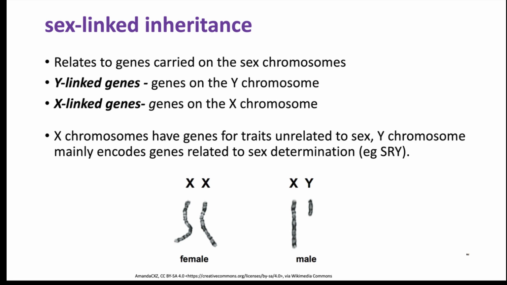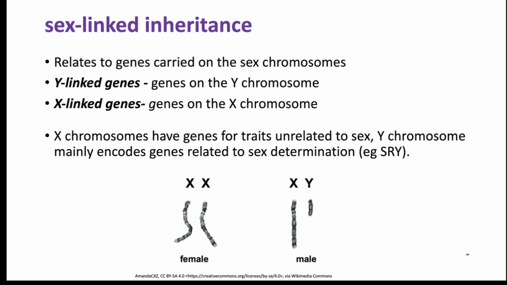So what we've been looking at so far is inheritance of traits that are on the autosomal chromosomes. Now we're going to look at sex-linked inheritance. That means that we're looking at genes that are on the X chromosome or the Y chromosome. So we call them Y-linked genes for genes that are on the Y chromosome and X-linked genes for genes on the X chromosome.